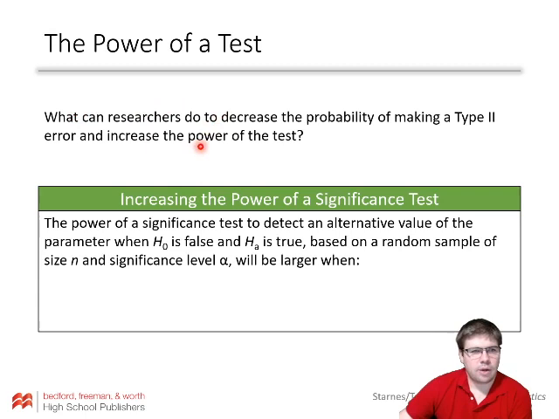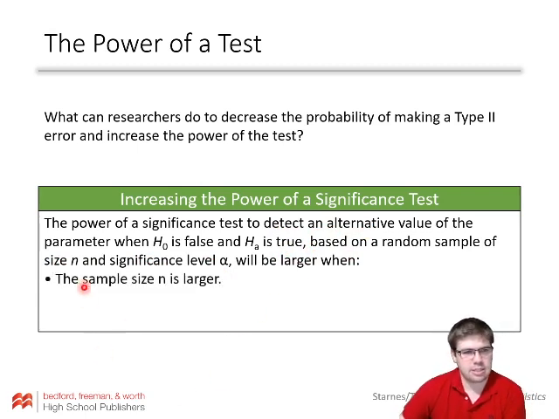So what can researchers do to decrease the probability of making a type 2 error and increase the power of a test? The power in a significance test to detect an alternative value of the parameter, when the null hypothesis is false and the alternative hypothesis is true, based on a sample of size n and significance level alpha, will be larger when, the best way to do this actually, the sample size is larger.